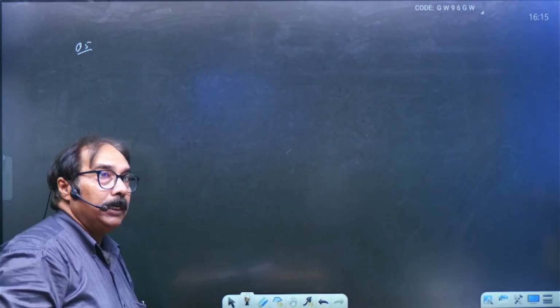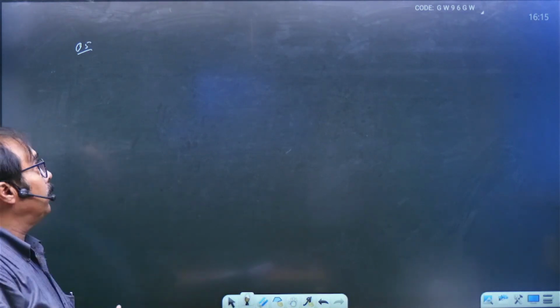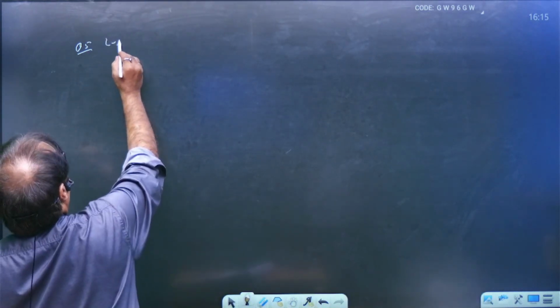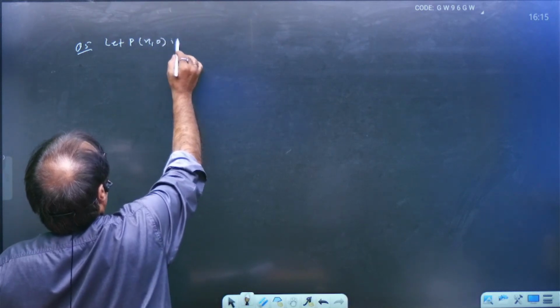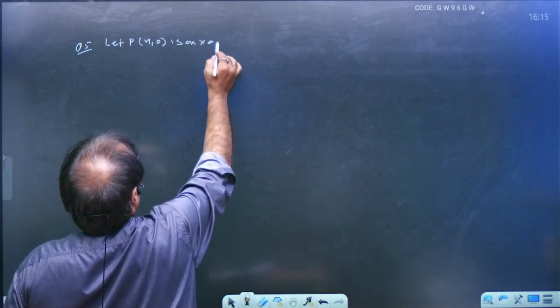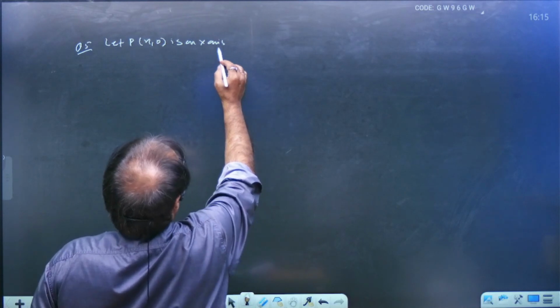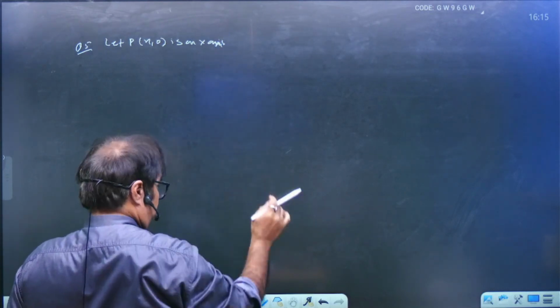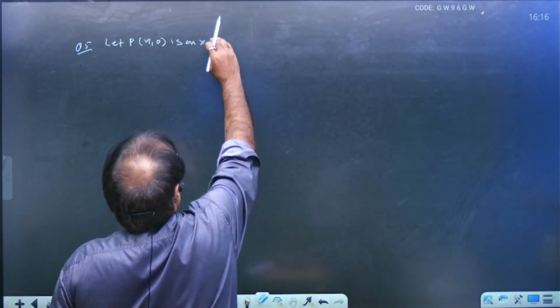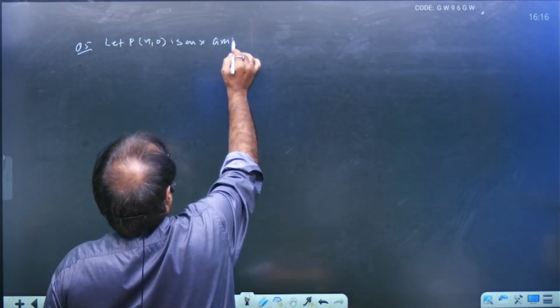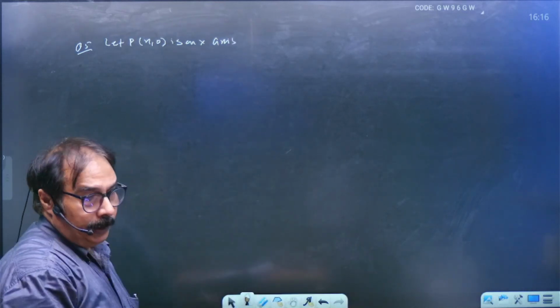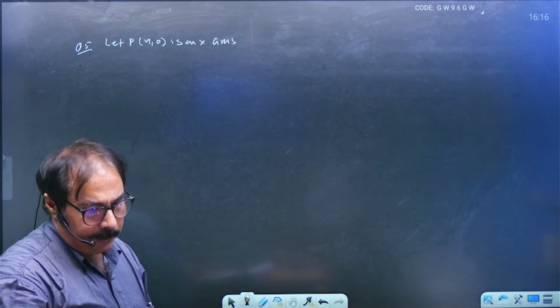X-axis means the point is on the x-axis. Okay, so let point P(x, 0) be on the x-axis.